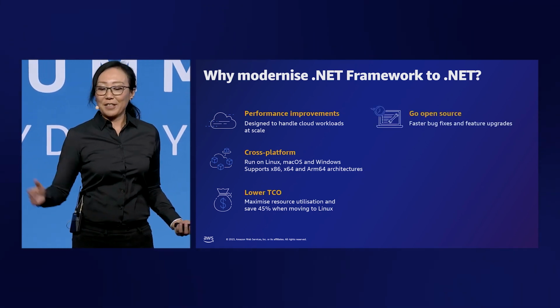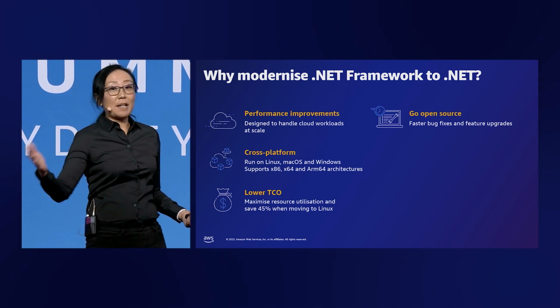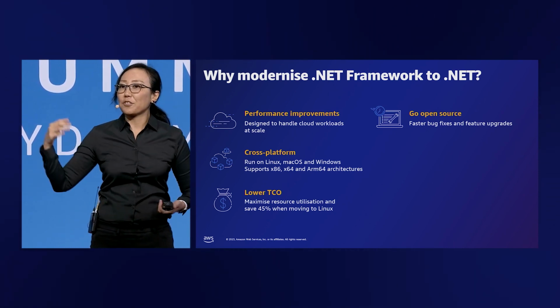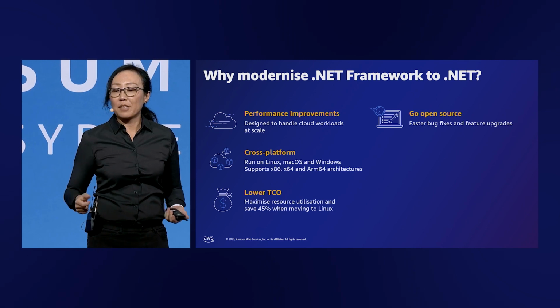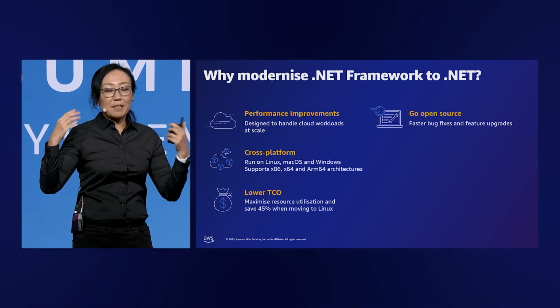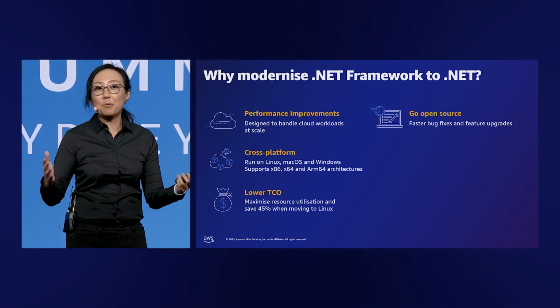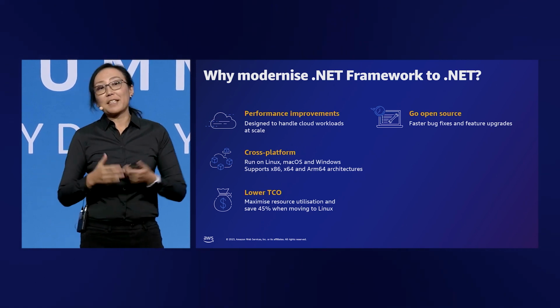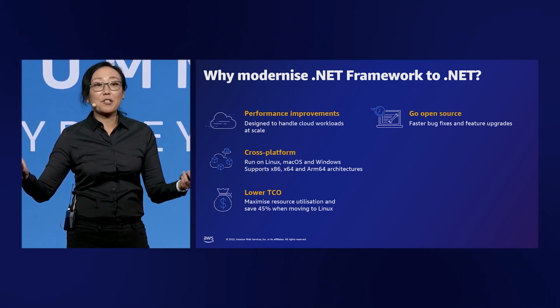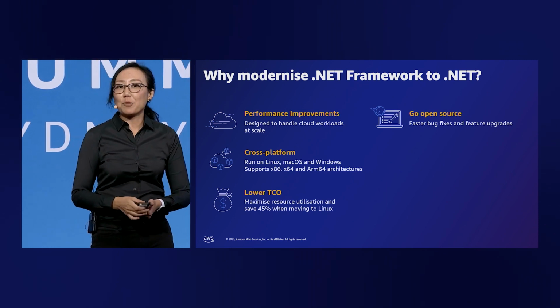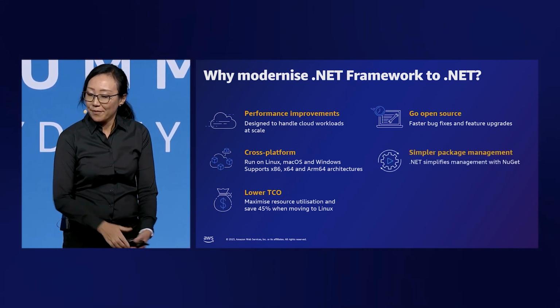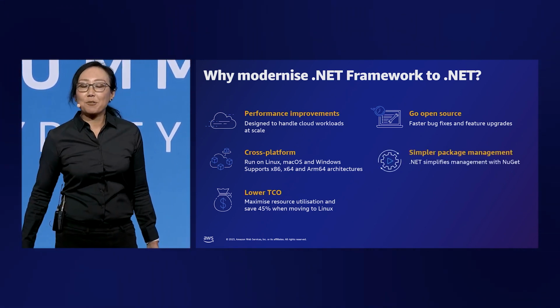Go open source. So .NET is free and it's open source according to the stewardship of the .NET Foundation. So this means that being open source, anyone can contribute to its development. The .NET ecosystem is innovative, it's commercially friendly, and it has continuous community updates. Simplify your package management.